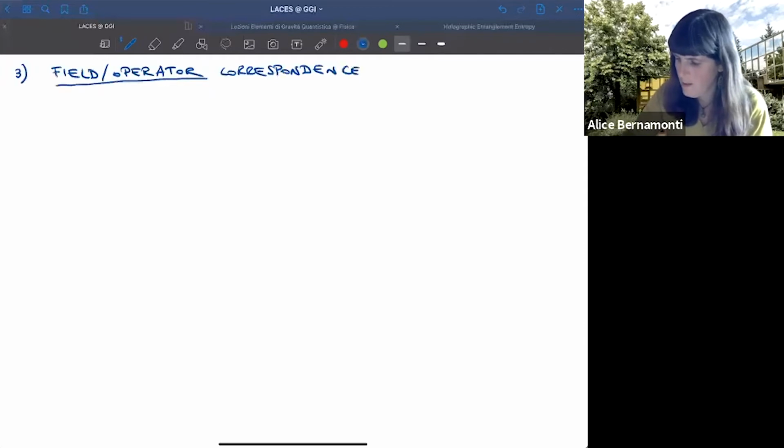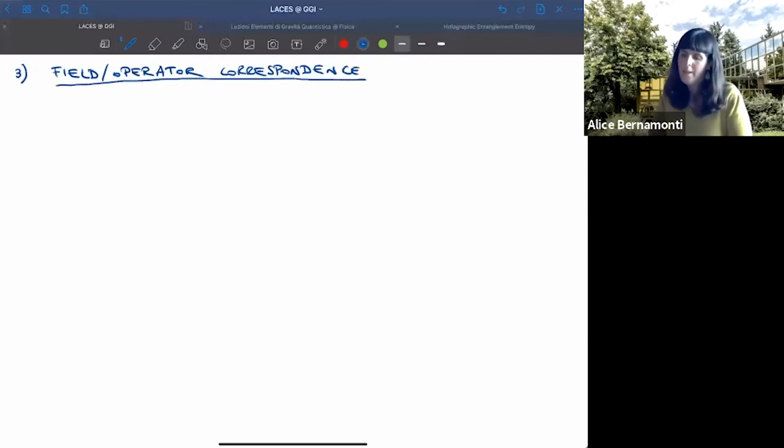For that, we will restrict to the semi-classical gravity limit that we have discussed at length in the previous lectures.